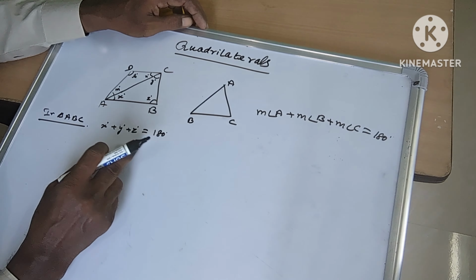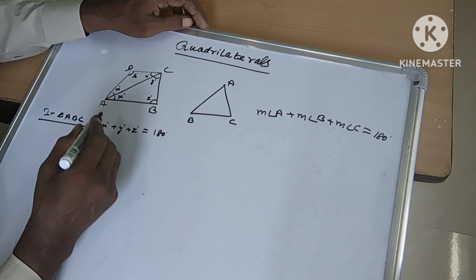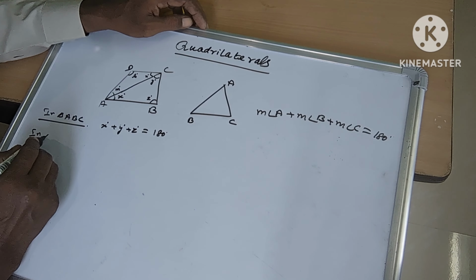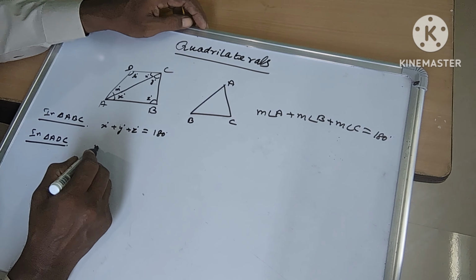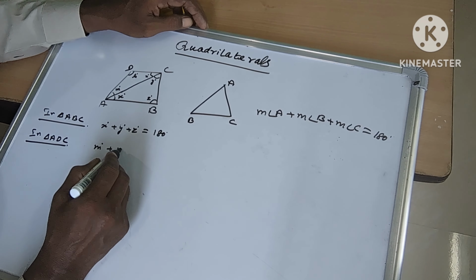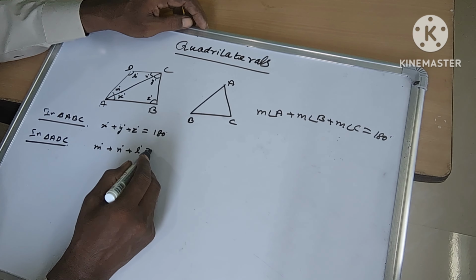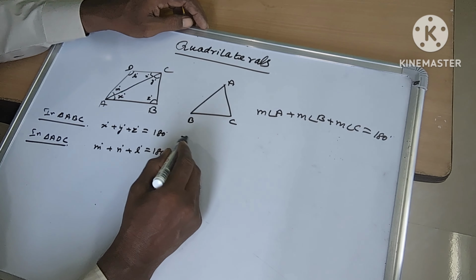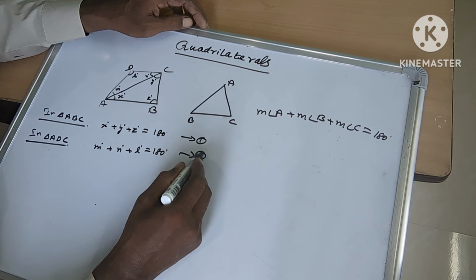This is a very familiar result. In the same way, in another triangle, triangle ADC, M plus N plus L is also 180. Now we add these two.